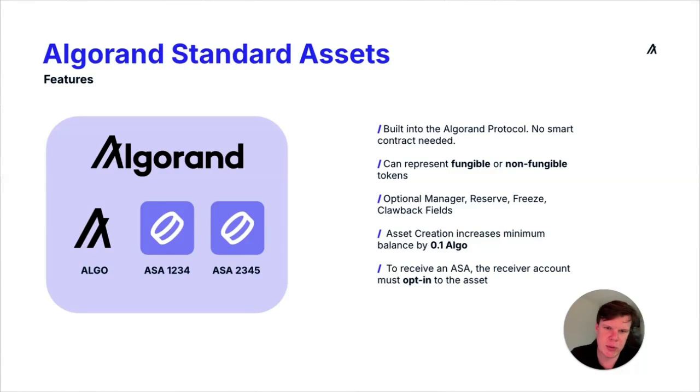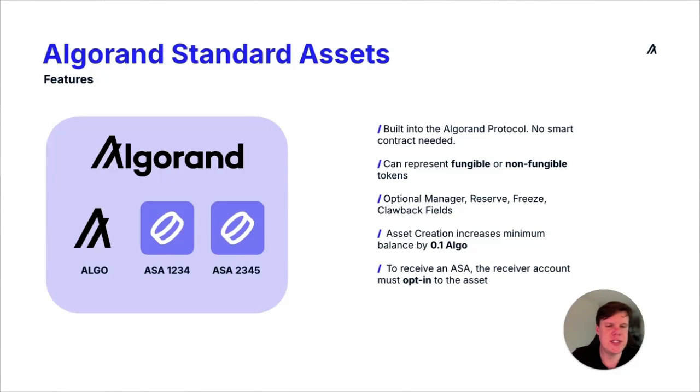So, for example, the manager field lets you update certain properties on the ASA. If you set the freeze field, you can prevent the ASA from being transferred by a specific account. And this is useful for certain use cases where you have regulatory requirements. But it's important to note that these fields are optional. So if you want to make sure that an asset can be freely traded or that the properties will never change, you would simply leave these fields blank.